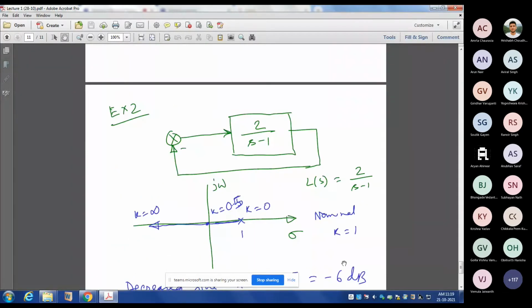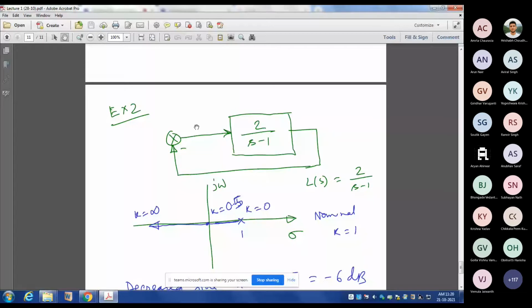Similarly, for example, this system is an unstable system, and the root locus plot will be like this: k equal to 0 at s equal to 1, and this root locus branch will enter into the left half plane at k equal to 0.5. As I said, the nominal gain is k equal to 1, if you add a gain block here, which means the system will remain intact.